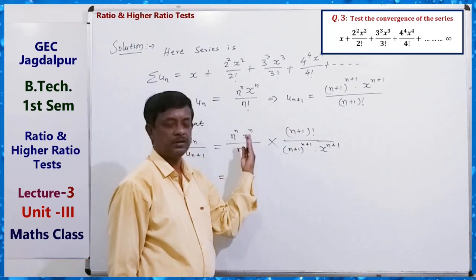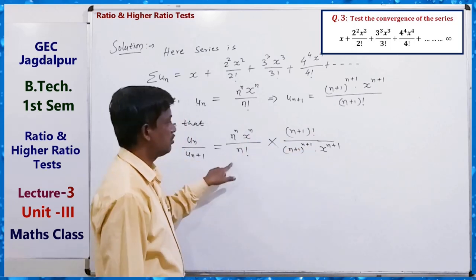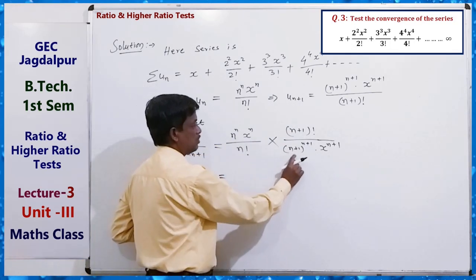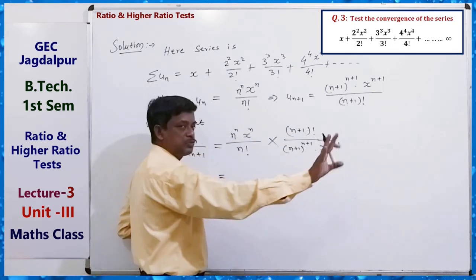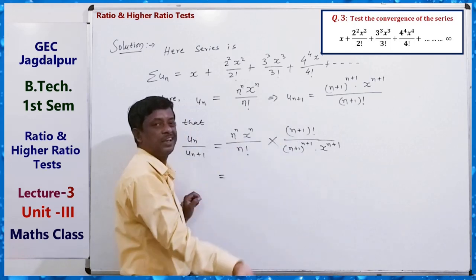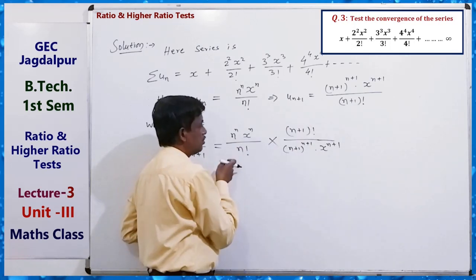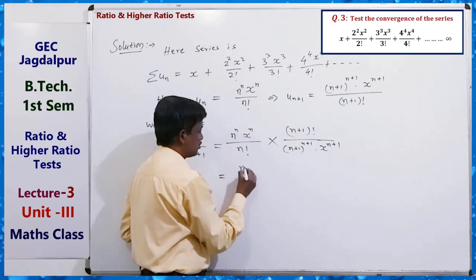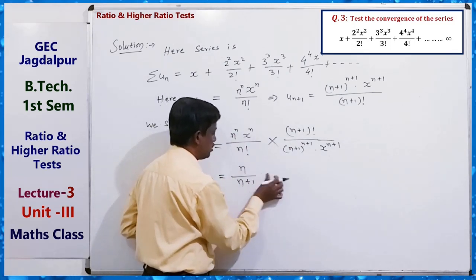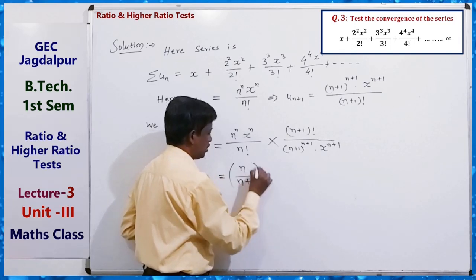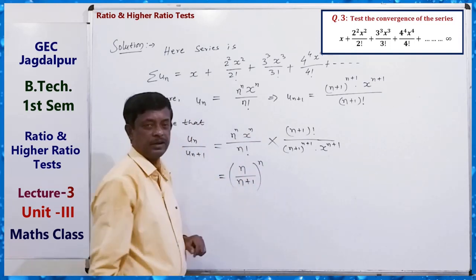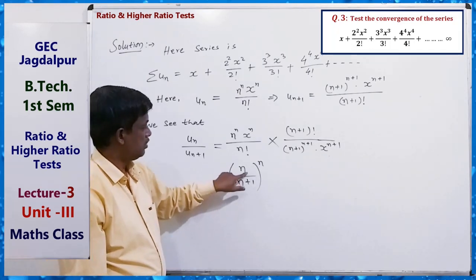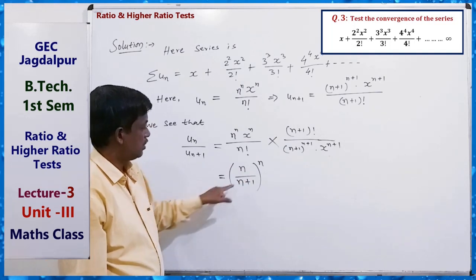So here n plus 1 factorial equals n plus 1 into n factorial, so n factorial cancels, and one n plus 1 also cancels. So we get n power n upon n plus 1 power n, which we can write as n upon n plus 1 all power n.